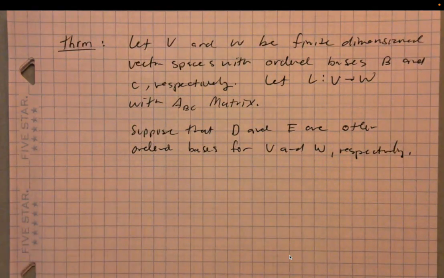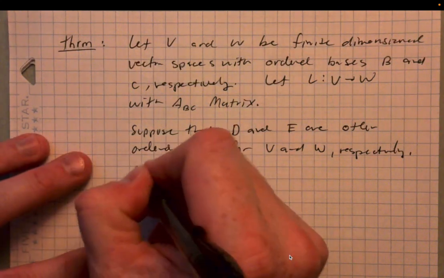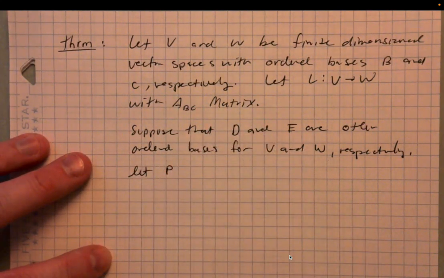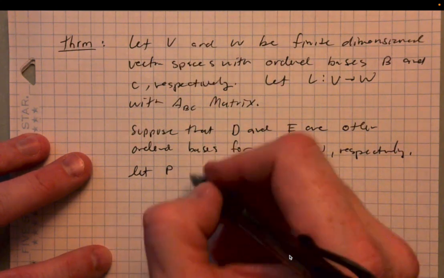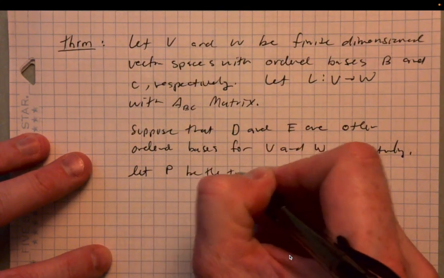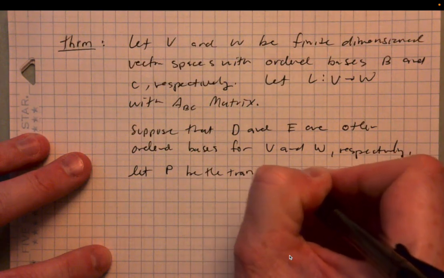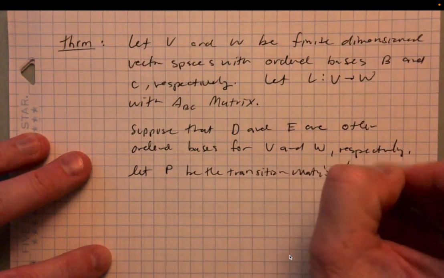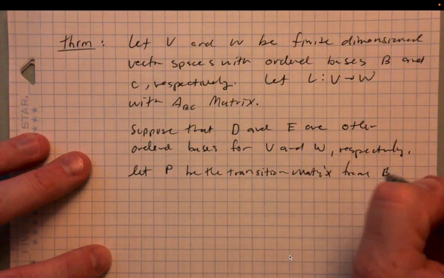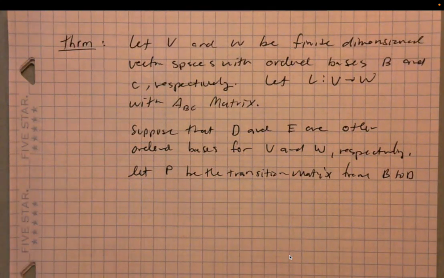Okay, so I've got separate, distinct ordered bases D and E. We're going to let P be the transition matrix from B to D. Remember the transition matrix from B to D from when we were talking about special bases in the previous sections.